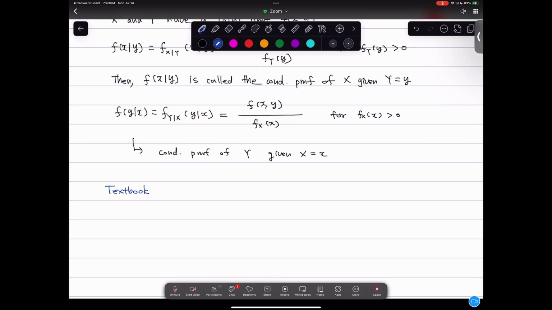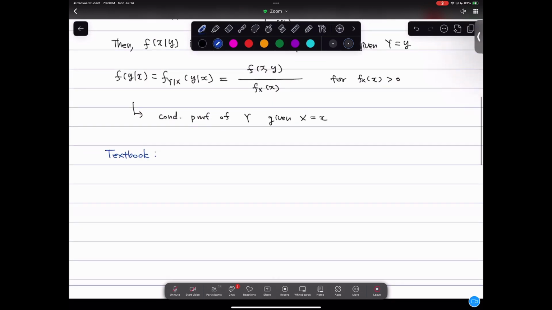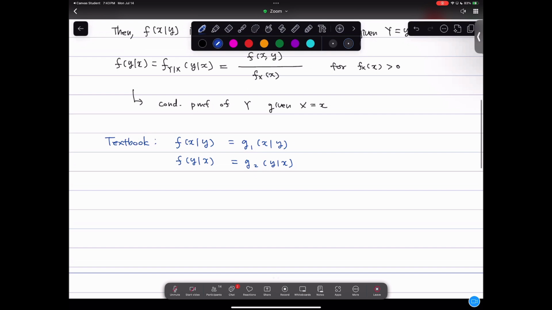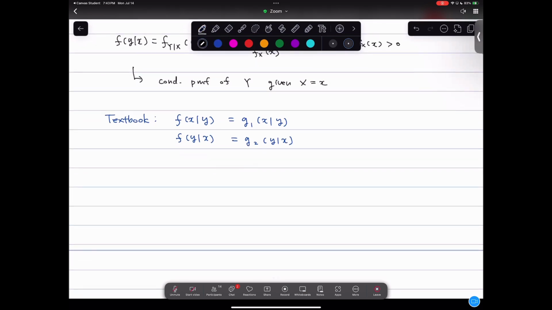Anyway, I'd like to give you the notation in the textbook. When you read a book, in my case we're using f of x given y, and the book is using g1 of x given y, and for f of y given x, the book is using g2 of y given x. I don't enjoy that 1 and 2. I prefer x given y or y given x, so I'm going to be using those. So what is this about? It's not that difficult if I go through the process of doing this.